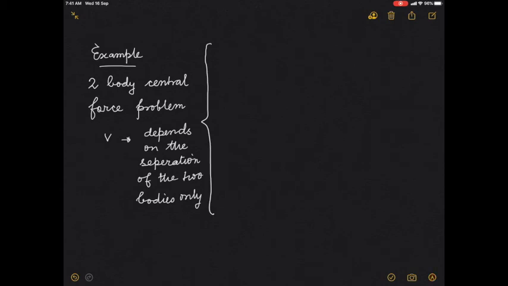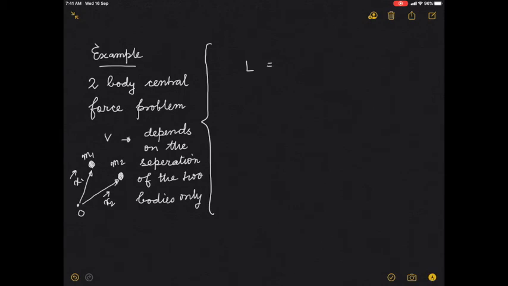So this central force problem, let us write it down first, choosing the two bodies. So say I have one here and the other here, and I choose an origin there. So I just write the radius vector with respect to this origin. x1, say the body has a mass m1, this is m2, and the radius vector is x2.